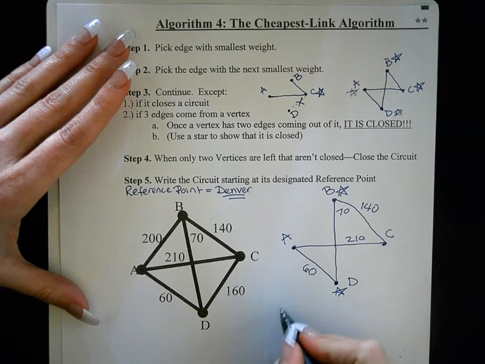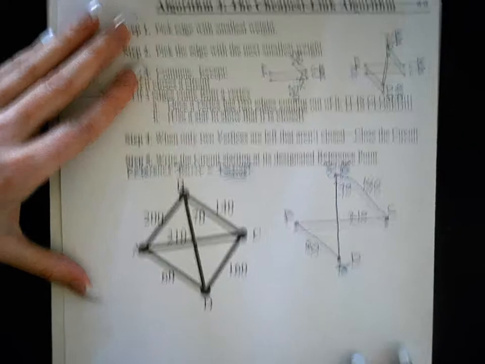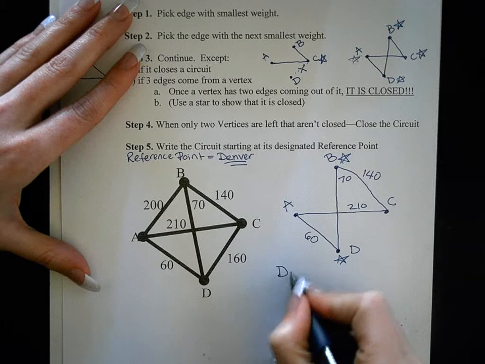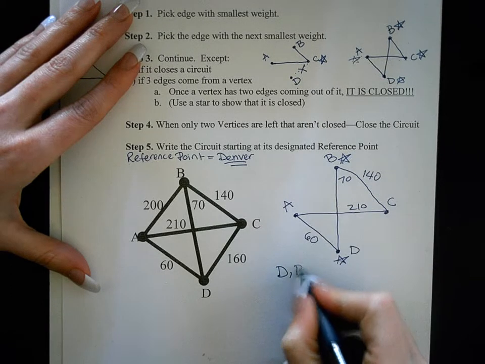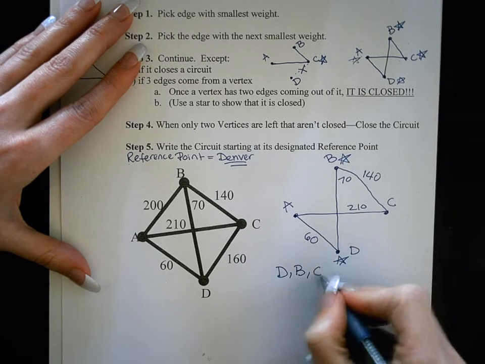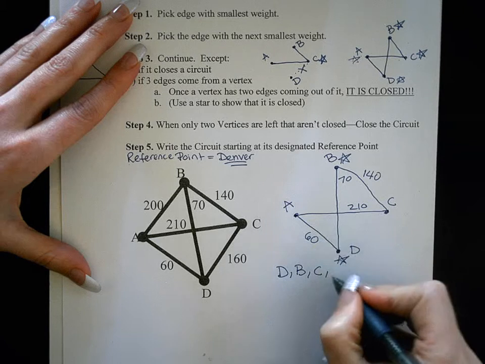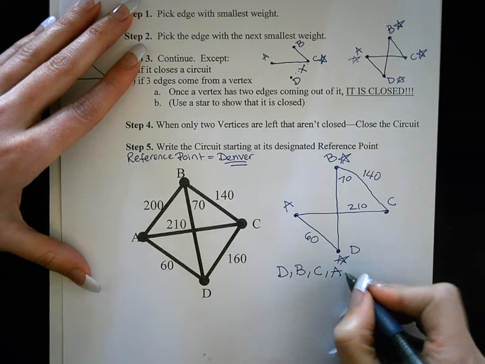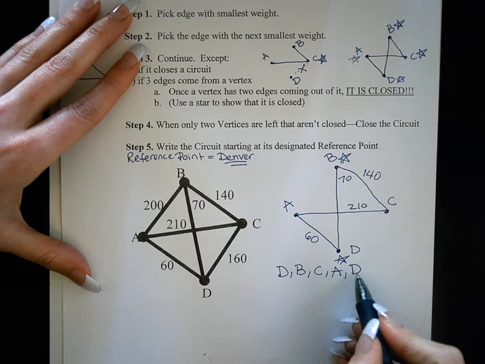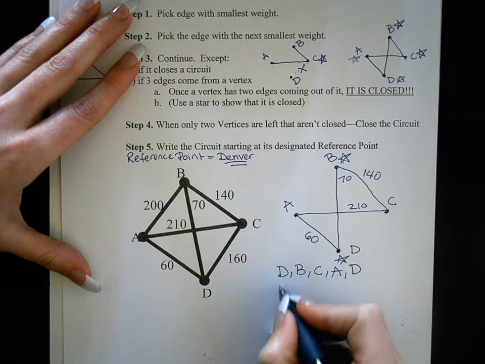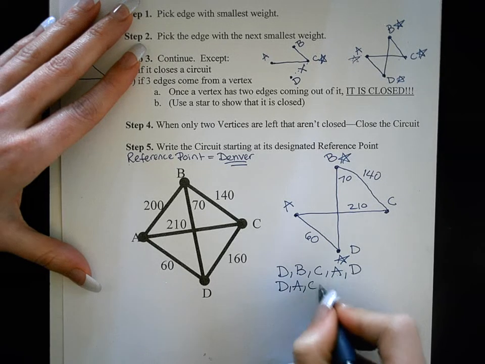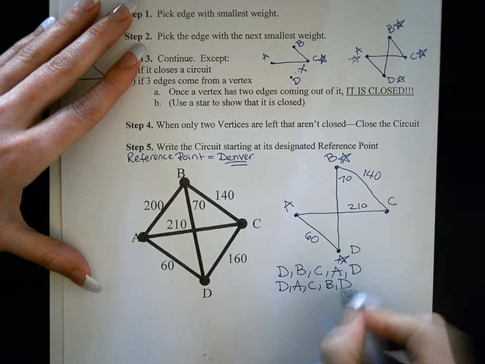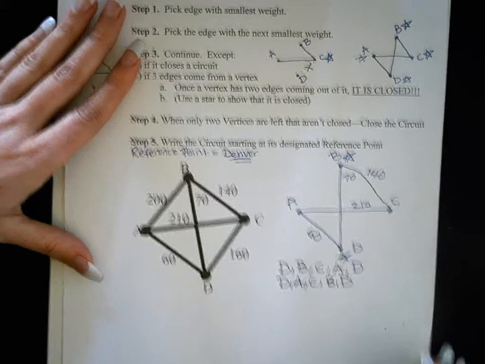So it would be D, B, C, A, and D. Or the mirror image D, A, C, B, D. D, A, C, B, D. Let's go ahead and add up all of the edges.